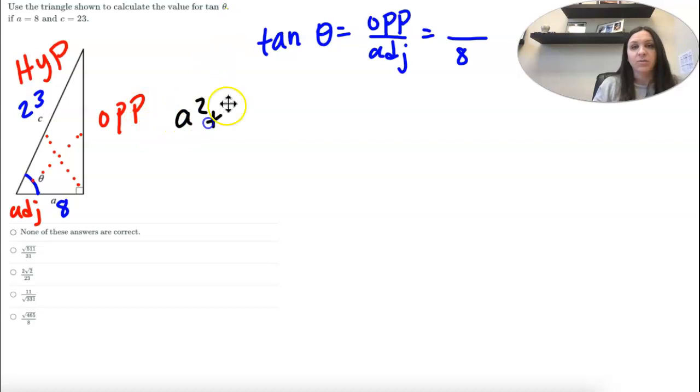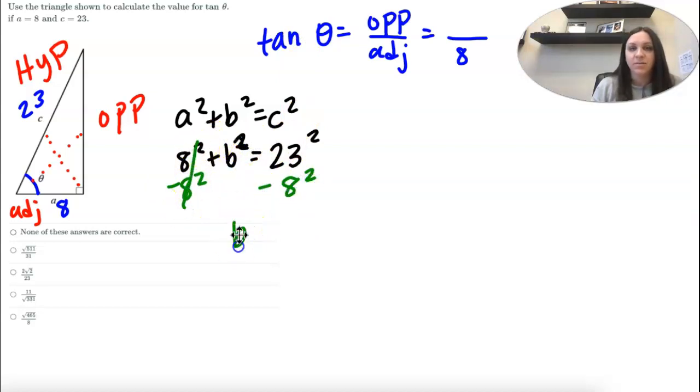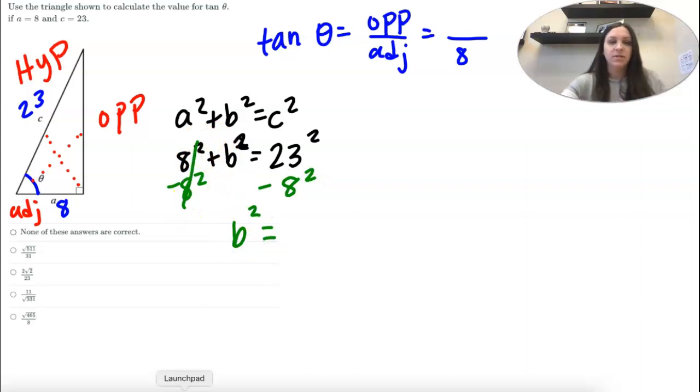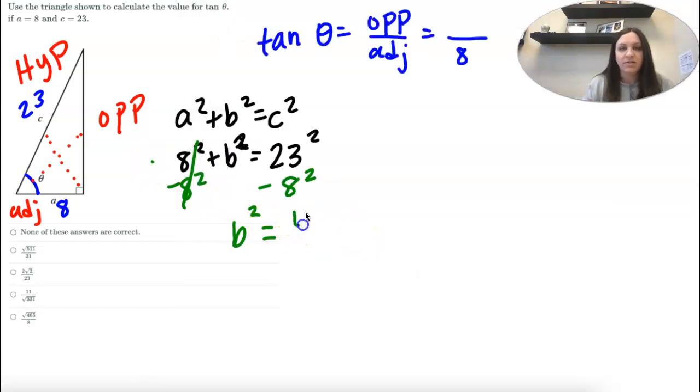So we're gonna use the Pythagorean Theorem, where C is 23, that's the hypotenuse, A is 8, B is, I don't know. Let's find out. So minus 8 squared on both sides, b squared equals 23 squared minus 8 squared, which is 465.